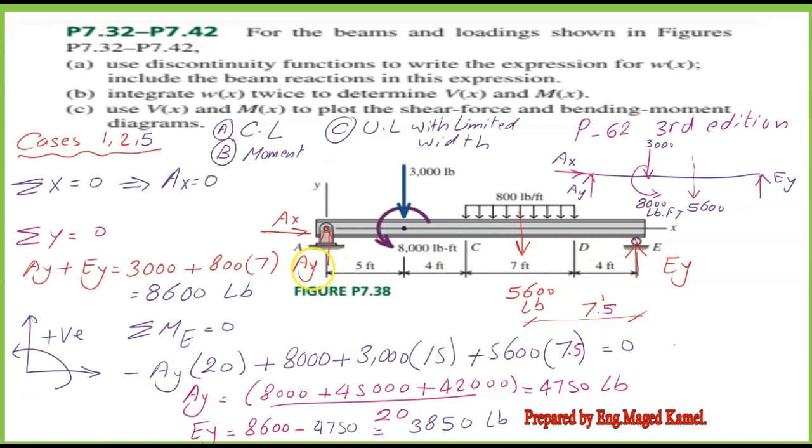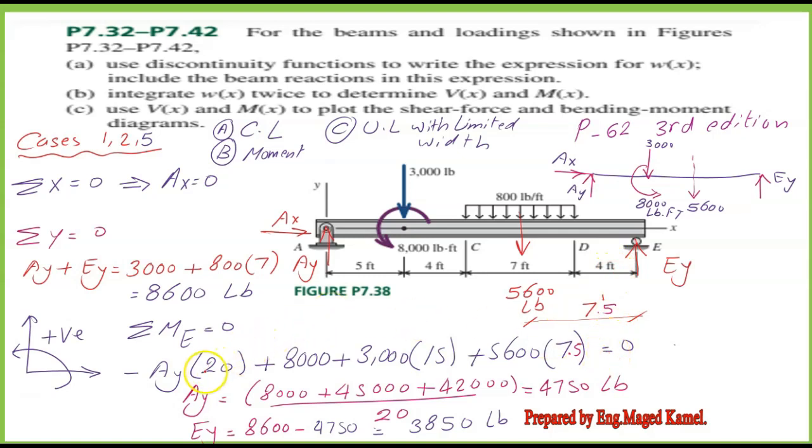So we say minus AY multiplied by 20 feet plus, this is anti-clockwise, 8,000 pound-foot, plus also the 3,000 downward load acting with arm length of 15, so plus 3,000 by 15, and the concentrated load 5,600 multiplied by its arm, which is 3.5 plus 4, 7.5, all equals 0.